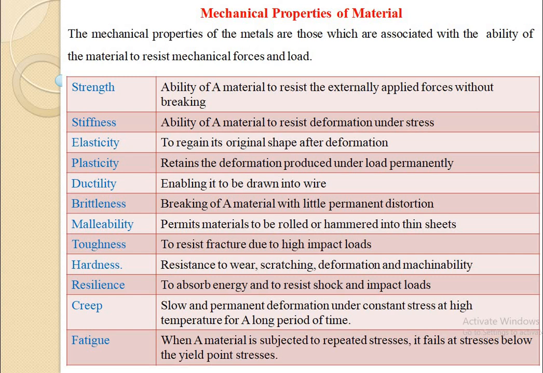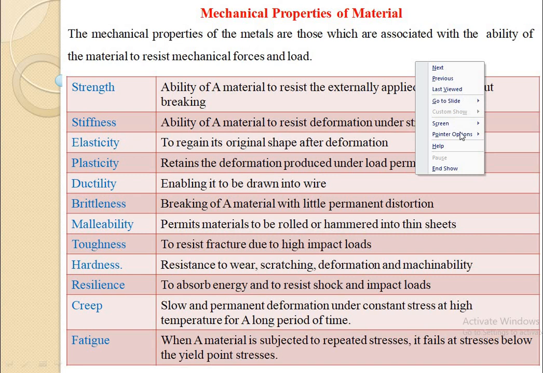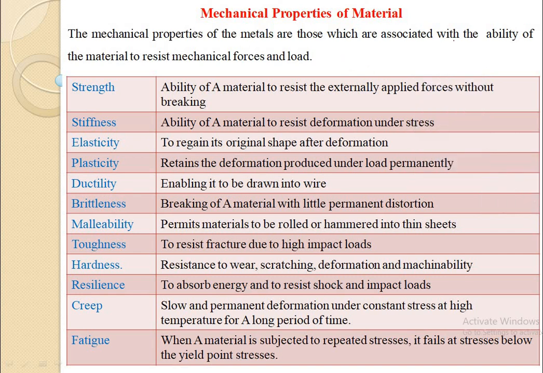That is the most important. These are the properties which are associated with the ability of the material to resist mechanical forces or load which is acting on the component. That is the mechanical properties.